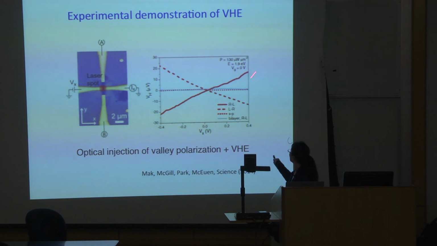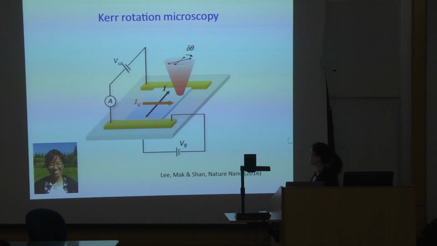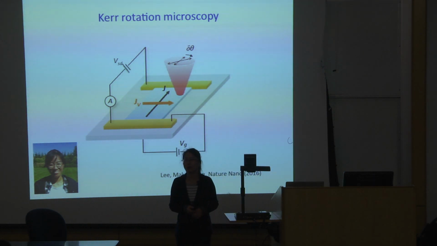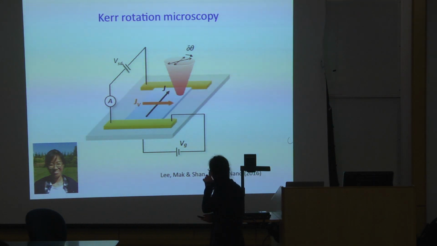And this is the evidence. This is one handedness of light, and this is the other handedness of light. And if you use linear polarization, which is 50% this, 50% that, you get 0 effect. So that was the first experimental proof of this Valley Hall effect.